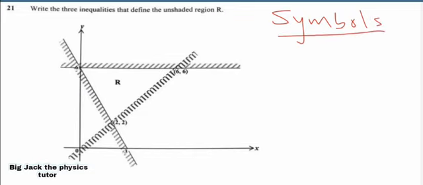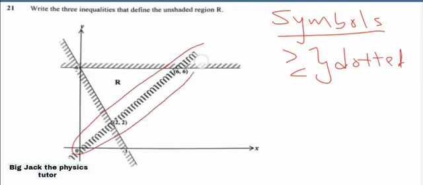Let me start with the dotted lines. For dotted lines, we use greater than or less than. These two symbols are only applicable to dotted lines. So for this line here, we are going to use greater than or less than, depending on the part which is not shaded.